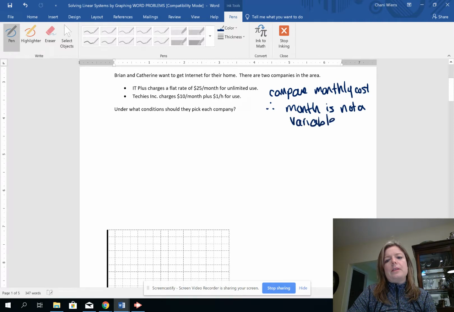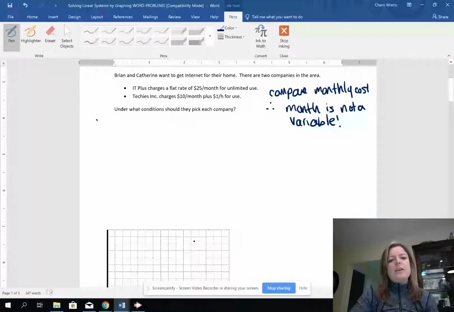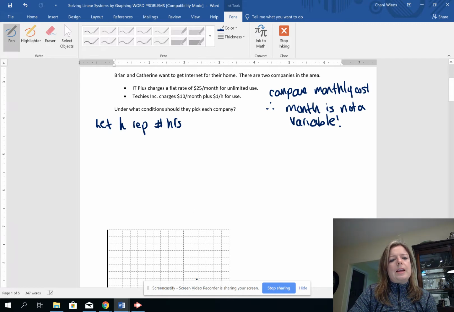Just want to make that really clear. What is a variable, though, is the number of hours of use. So let H represent number of hours, and we'll say let C represent monthly cost in dollars.